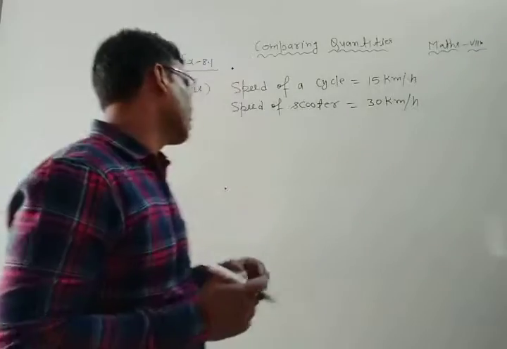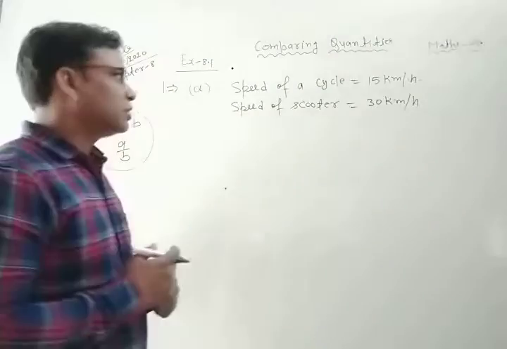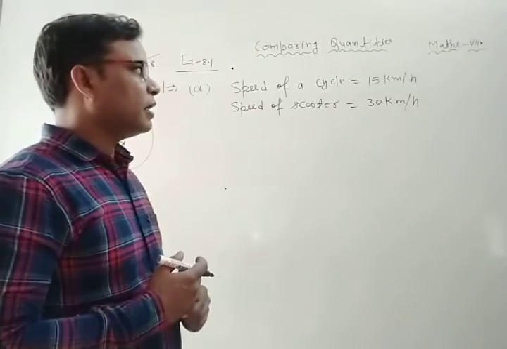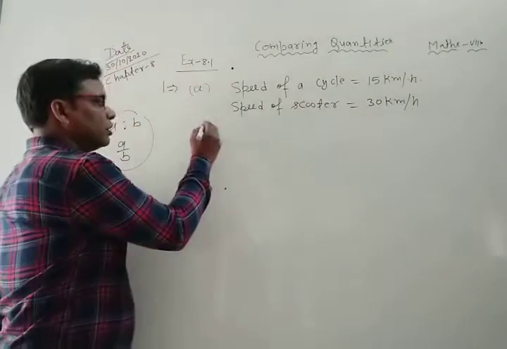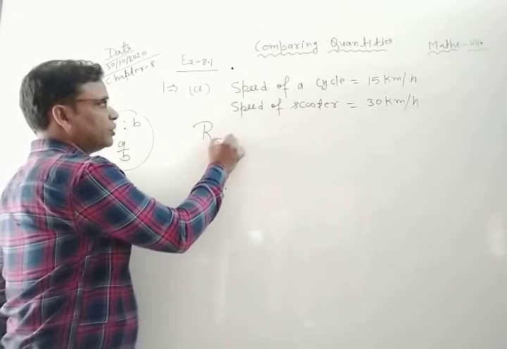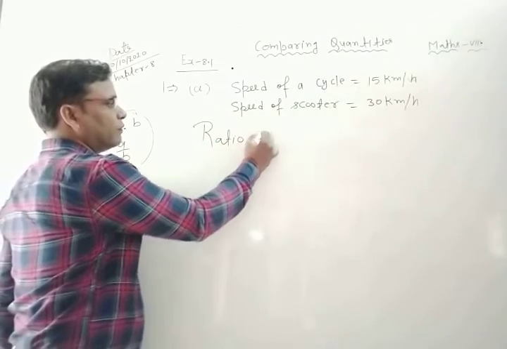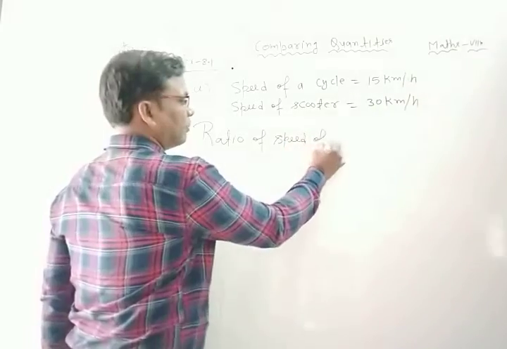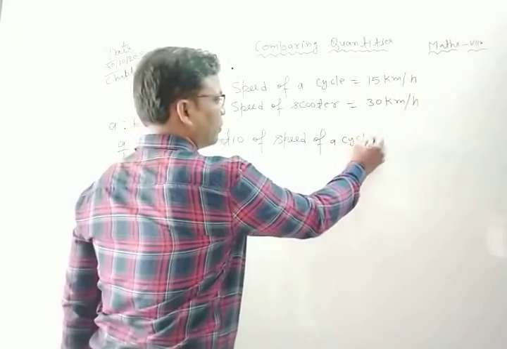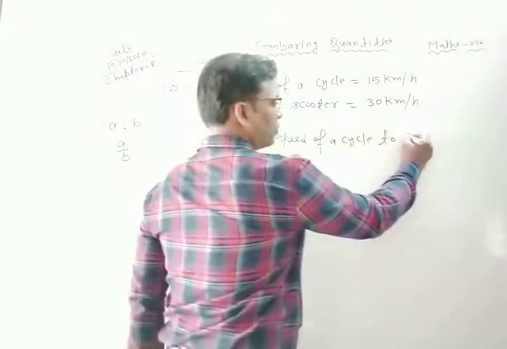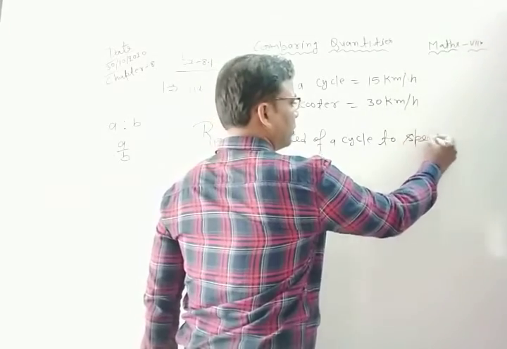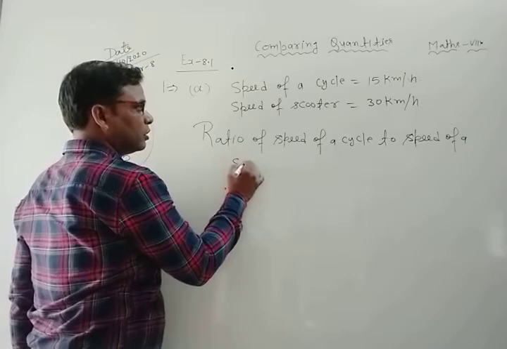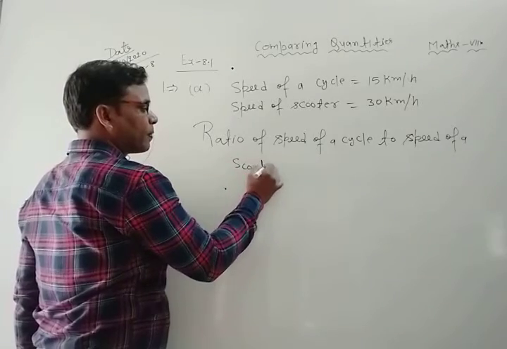So here we need to find the ratio of speed of cycle and speed of scooter. Okay. So we write here, ratio of speed of a cycle to speed of a scooter.